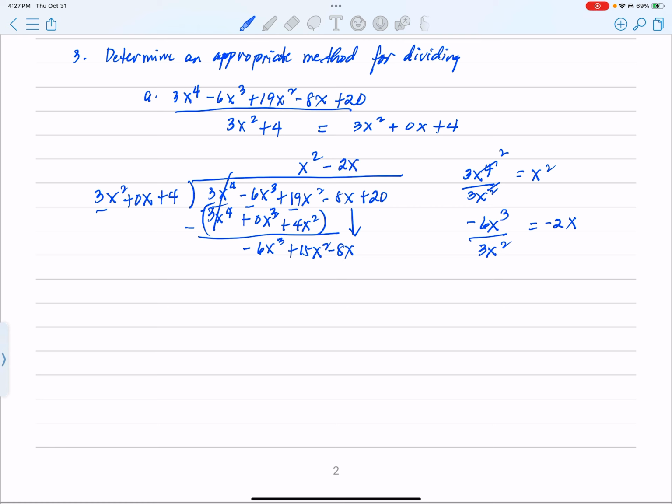Okay, I'm still looking for more values here. Okay, let's do this. What number do we have? 4.